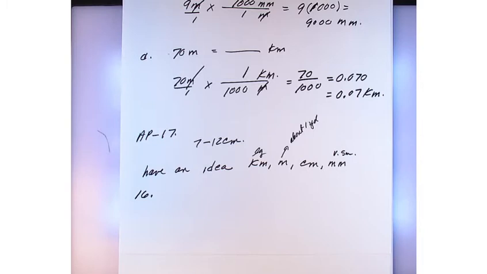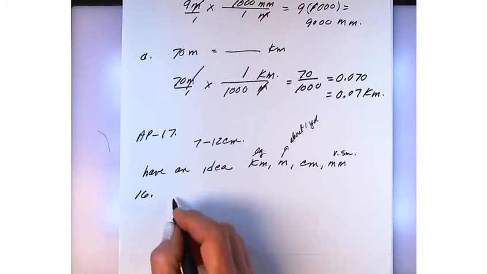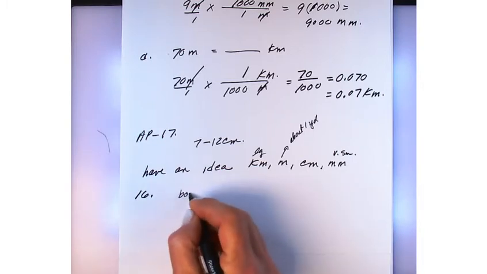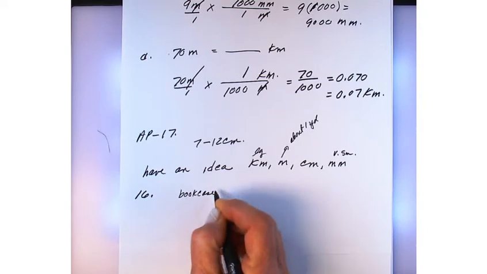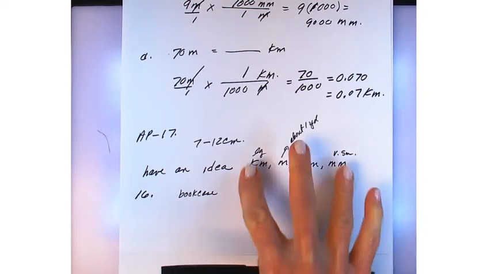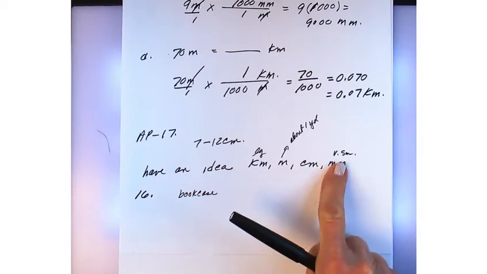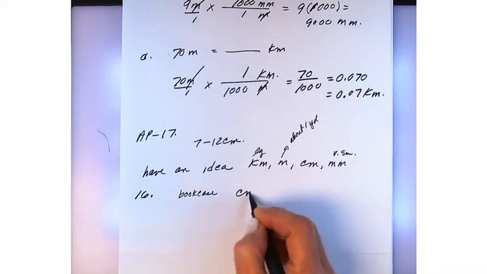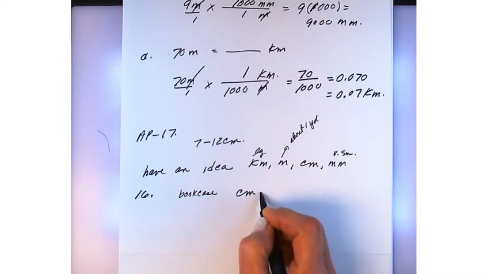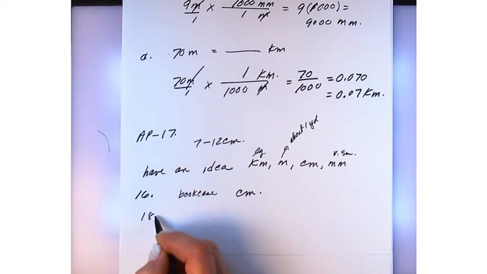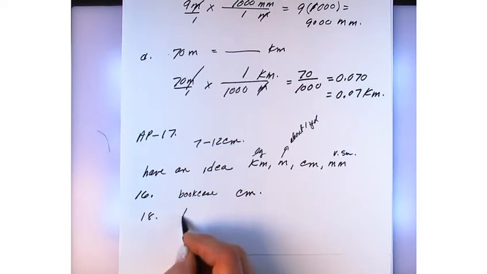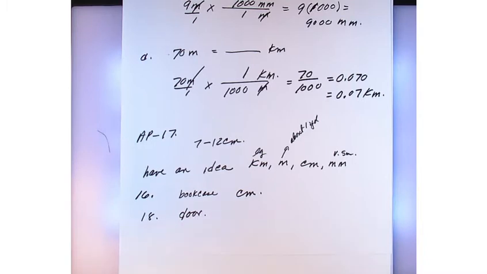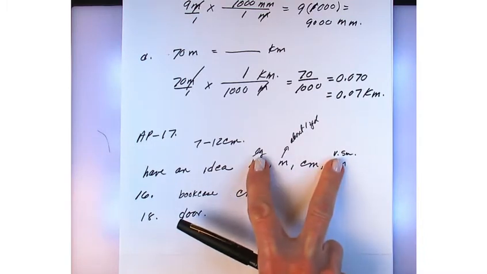But looking at number 16, the width of a bookcase. Well, it can't be the largest or the smallest. A meter is about 1 yard, so that would be a pretty wide bookcase. So we're looking at centimeters. Number 18, a door. Once again, not the largest or the smallest.